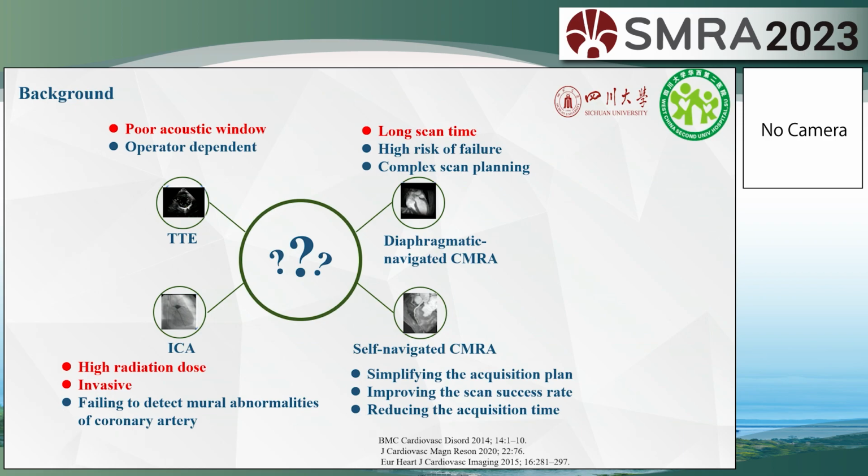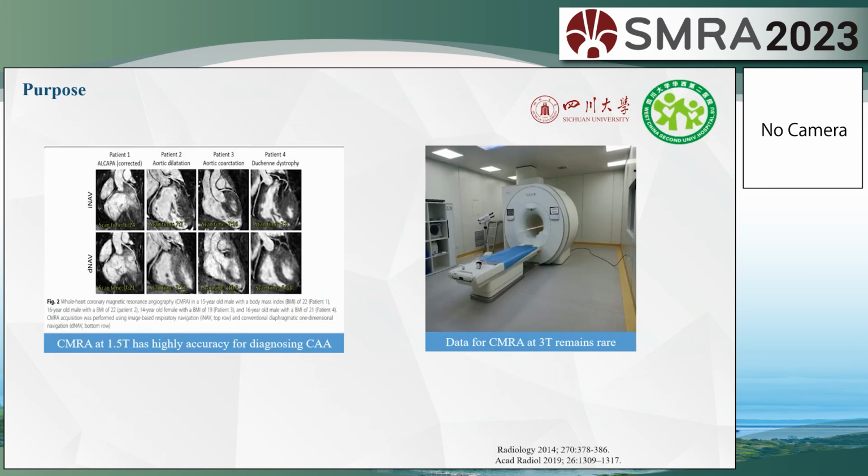CMRA is increasingly used in diagnosing CEA. However, the most conventional approach, diaphragmatic navigated, is limited by long scan time, high risk of failure, and complex scan procedure. Self-navigated can simplify the acquisition, improve the scan success rate, and shorten the acquisition time.